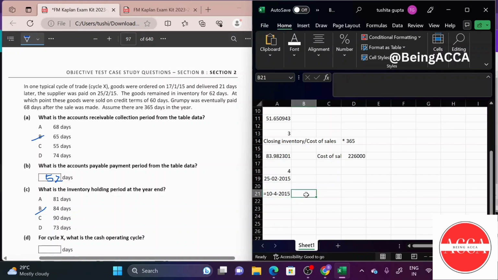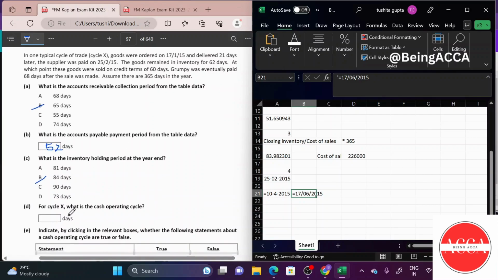If I do the calculations, this brings me to 17th of June 2015, and if I calculate the number of days from the payment date to this date, this will come out to be 112.